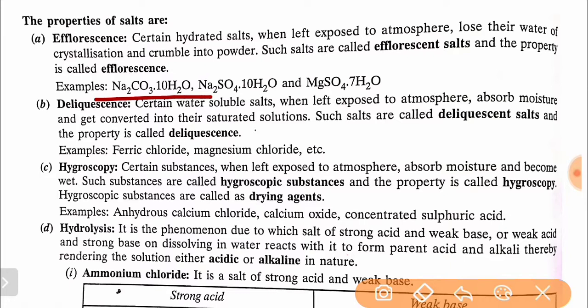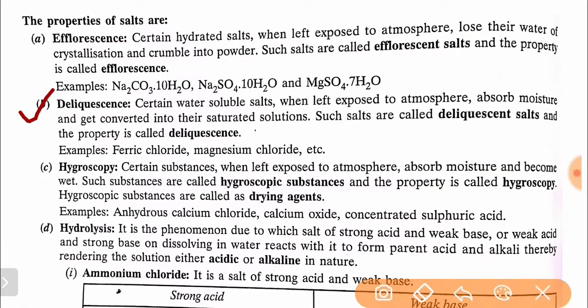Crystallization means the water is attached in this compound. In Na2CO3, 10 molecules of water are attached. When exposed to the atmosphere, they lose their water of crystallization. This property is known as efflorescence, and these salts are called efflorescent salts.